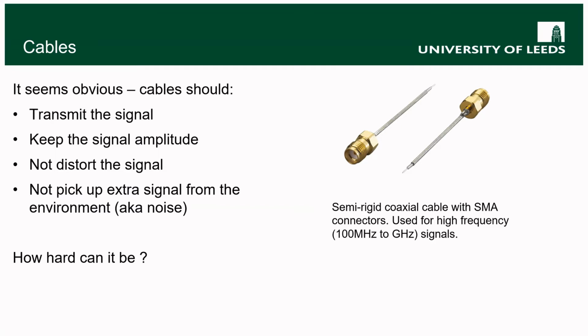These are particularly useful for high frequency signals, when you're dealing with hundreds of megahertz to gigahertz sort of ranges. The reason you make them semi-rigid is because with cables that size, you can't make your cable go round a corner that easily, because you'll end up having problems with your signal. And again, the connectors have these screw fittings with little hexagonal flat bits on them, and you actually do them up with spanners. That's critical to actually making them work well.